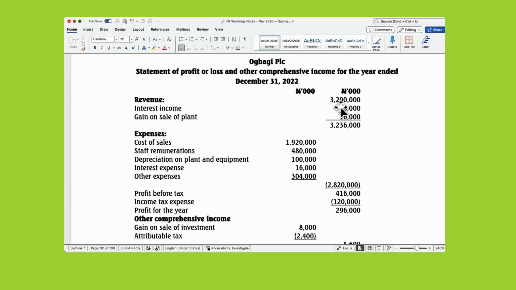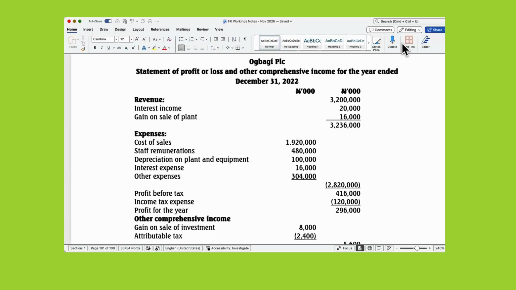Revenue is 3.2 million. I need the cash element in this revenue. You know that in your P&L, when you say you have 3.2 million, this 3.2 million will include the ones that you have collected the money and the ones that you have not collected the money, meaning it will also include the ones you have sold on credit too.